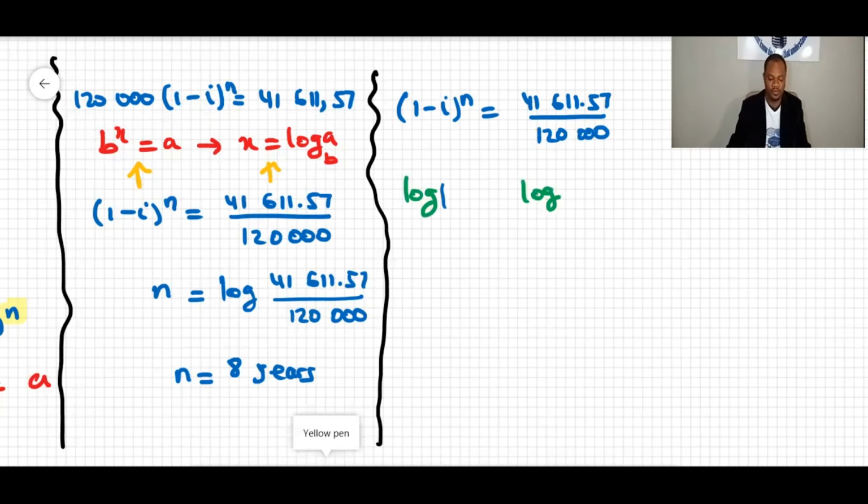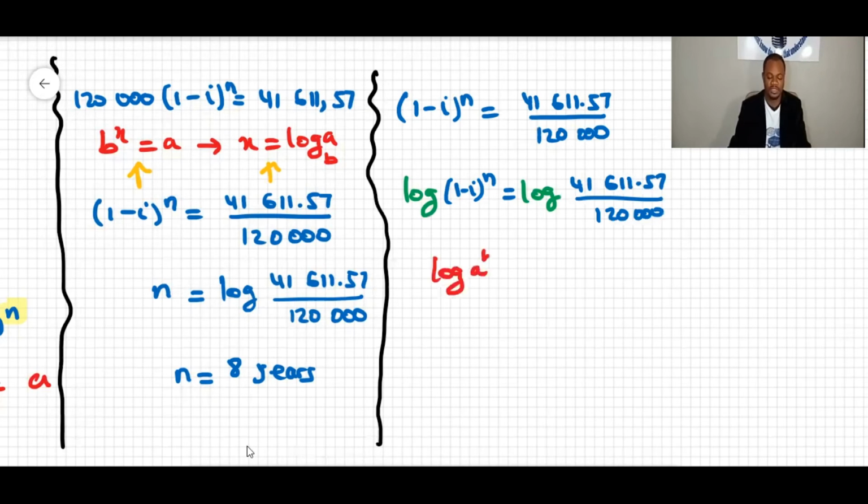So we have log of (1 minus i) to the power of n equal to log of 41,611.57 over 120,000. According to the log property, log of a to the power of n is the same as n log of a.